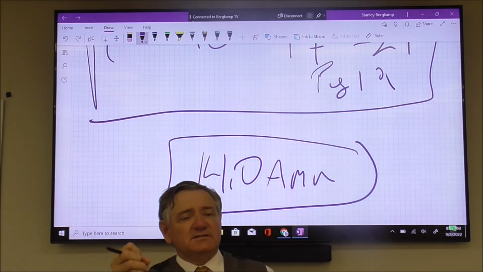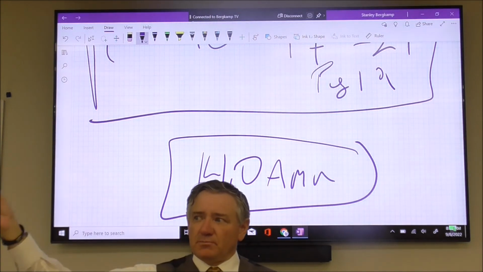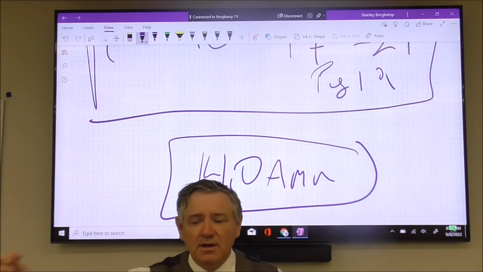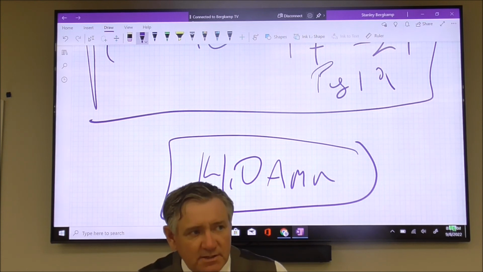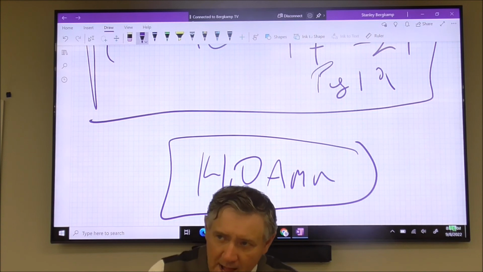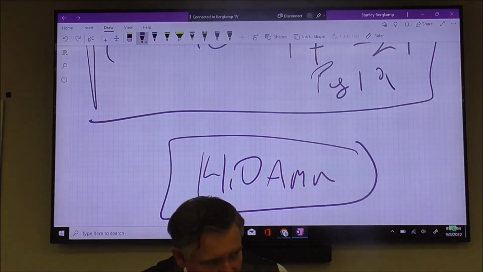All that's telling me is that it's a little bit more massive than a carbon atom. So when you see atomic mass units, that is not a direct measure of the mass of a nitrogen atom.